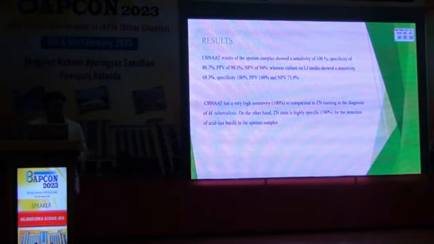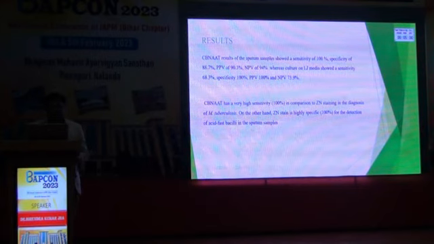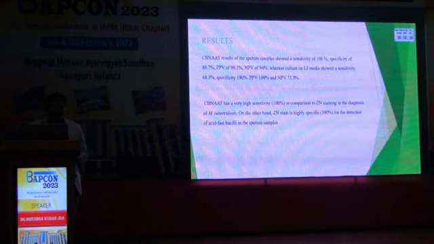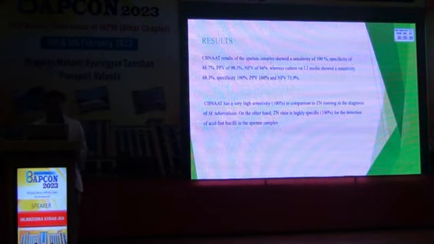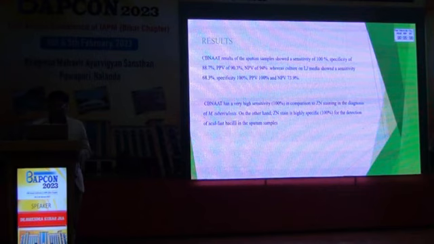On the basis of CBNAAT results, sputum samples show sensitivity of 100%, specificity 88.7%, PPV 90.3%, negative predictive value 94%, whereas ZN stain shows sensitivity 68.3%, specificity 100%, positive predictive value 100%, negative predictive value 73.9%. CBNAAT has very high sensitivity in comparison to ZN staining for tuberculosis. On the other hand, ZN stain is highly specific, 100%, for detection of acid-fast bacilli.